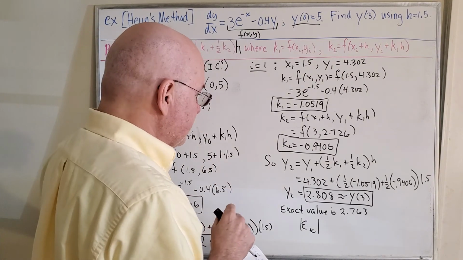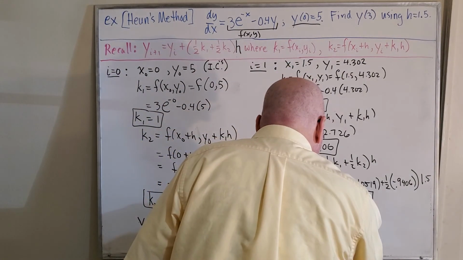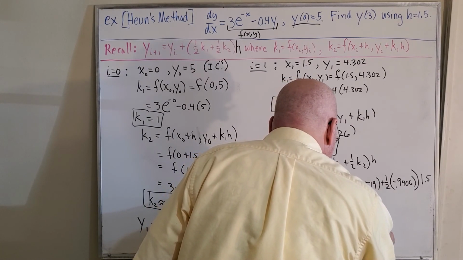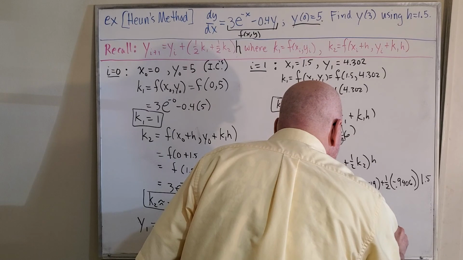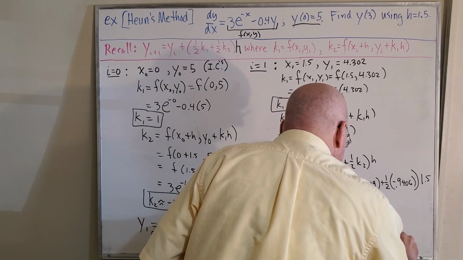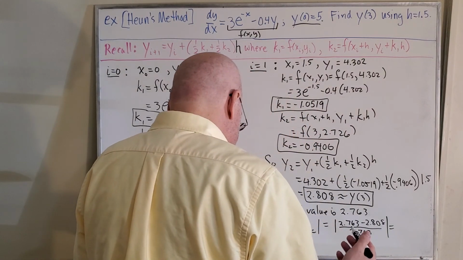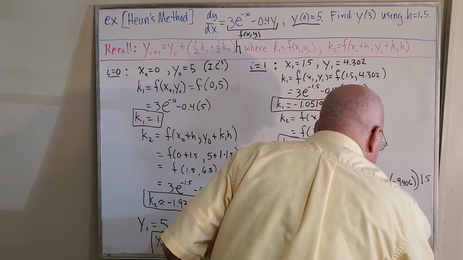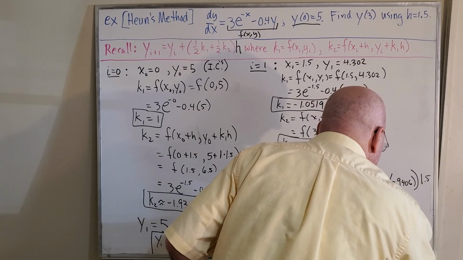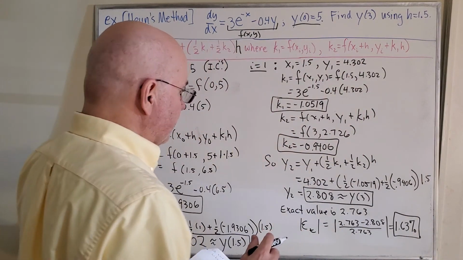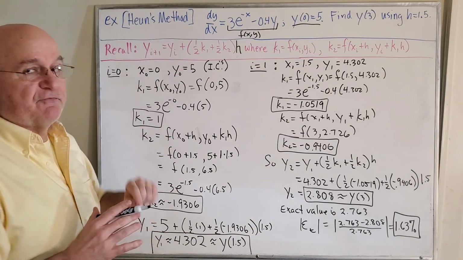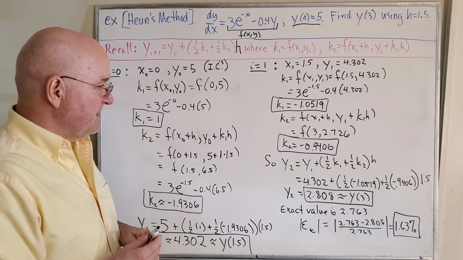We know what the exact value is. It is 2.763 minus 2.808 all over 2.763. And that written as a percent is 1.63% relative error. So that's really excellent compared to the first order method that we did with the same differential equation using Euler's method.